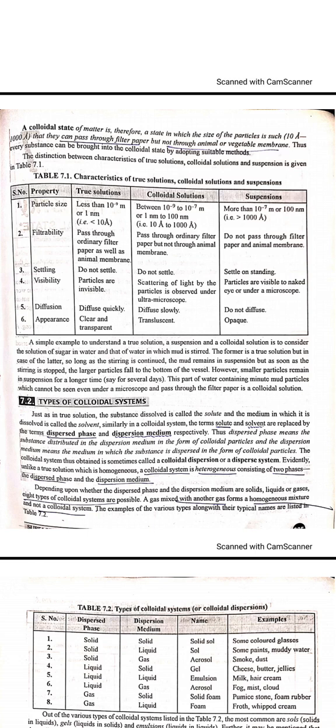True solutions have size less than 10 raised to power minus 9 m or 1 nanometer, that is less than 10 angstrom. Then in colloidal solution size is between 10 raised to power minus 9 to 10 raised to power minus 7 m or 1 nanometer to 100 nanometer, that is 10 angstrom to 1000 angstrom. And in suspension, the size is more than 10 raised to power minus 7 m or 100 nanometer, that is more than 1000 angstrom.